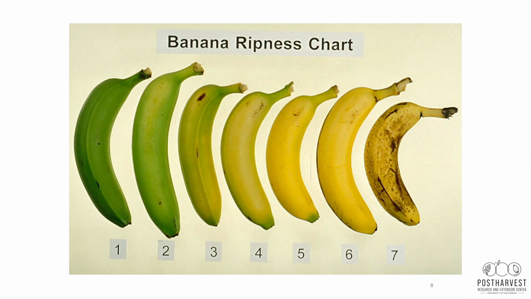That fruit would be immature. You don't want to see those ridges highly pronounced. But typically the fruit are ripened to a stage 3 or a stage 4 and then move to the final point of use or sale.